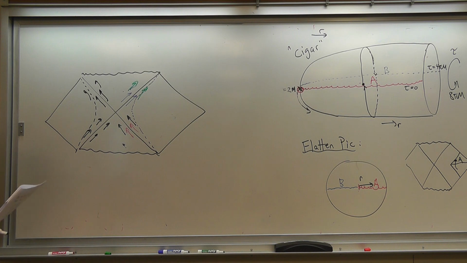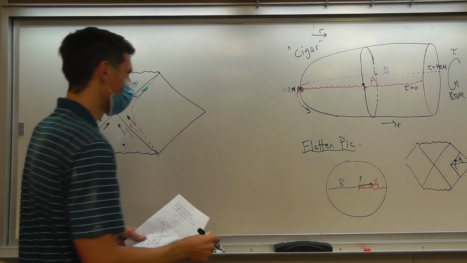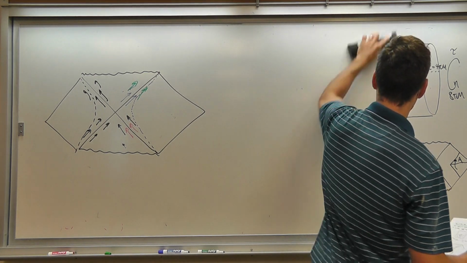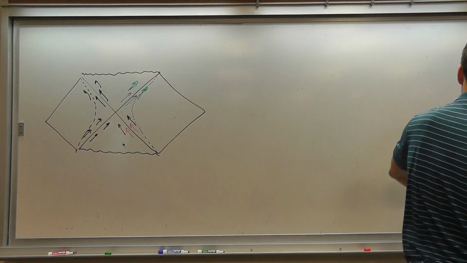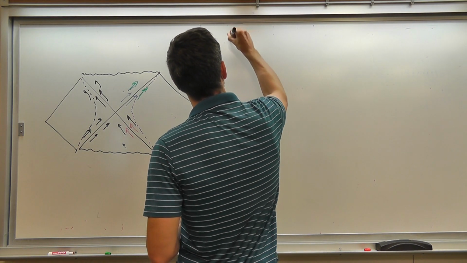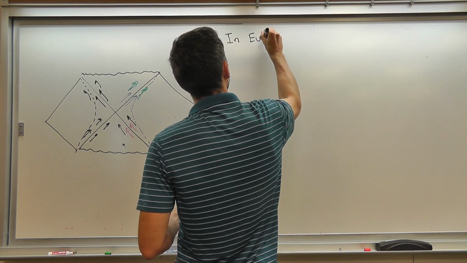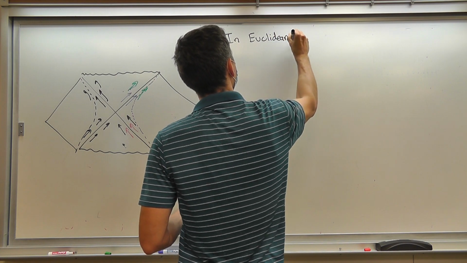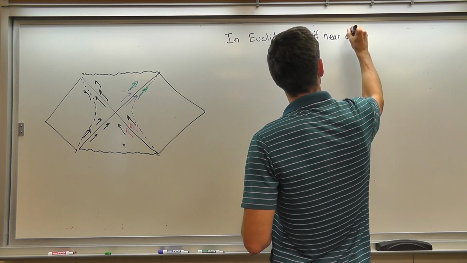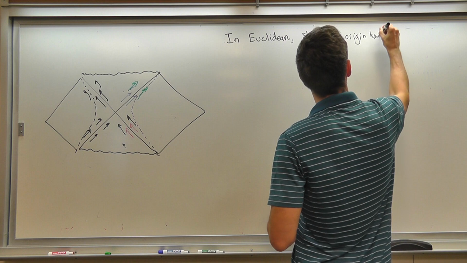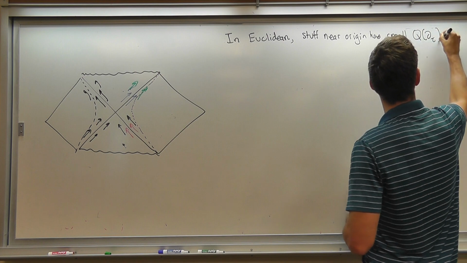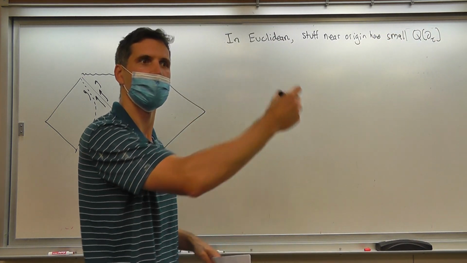And the reason for that, we can understand just directly from the thermal field double state. So in Euclidean, stuff near the origin has a small charge with respect to rotations, Euclidean rotation.